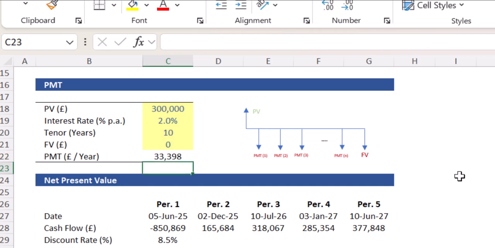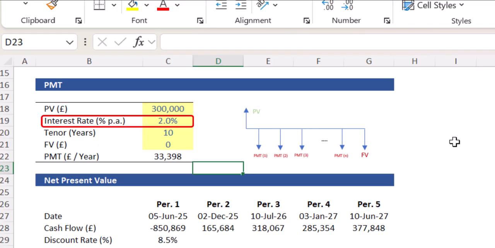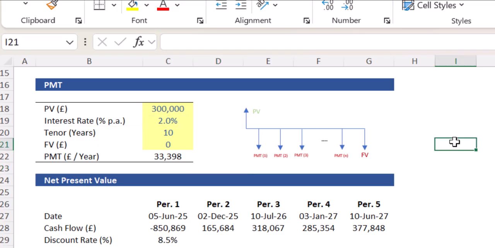This function generates a value of just over £33,000 per year. In simple terms, Excel basically indicates that if you take a mortgage of £300,000, which requires you to have an interest rate of 2% per annum, you will fully repay that loan after 10 annual payments of around £33,000 per year.